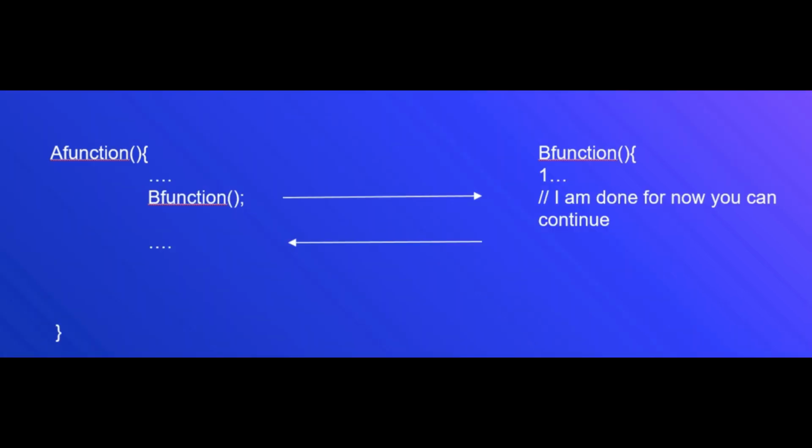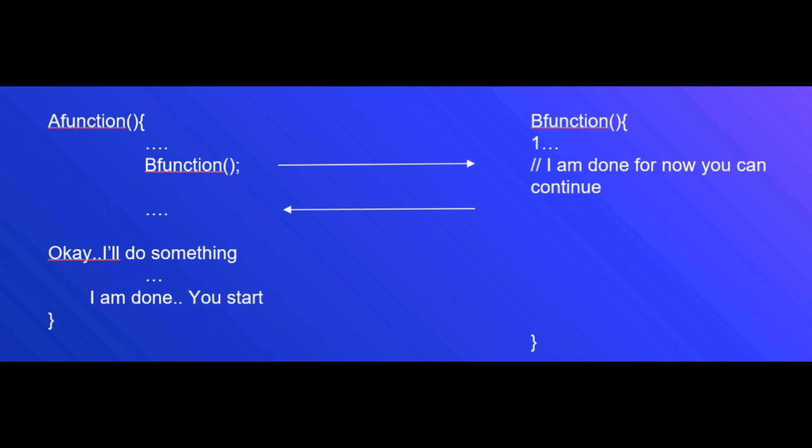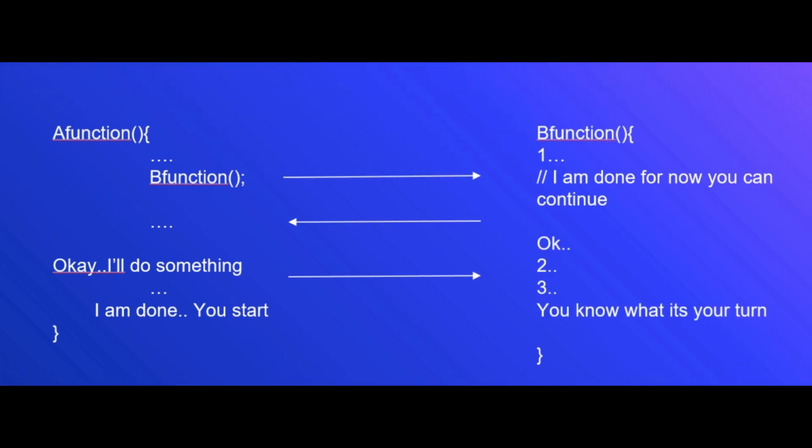The control will transfer back to A function, and A function will start executing from the point where it left. It will say, "Okay, I'll do something," and then after some time, it will say, "I'm done, you start." Then B function will say, "Okay, I will do 2 and 3." And then it will say, "You know what, it's your turn now."